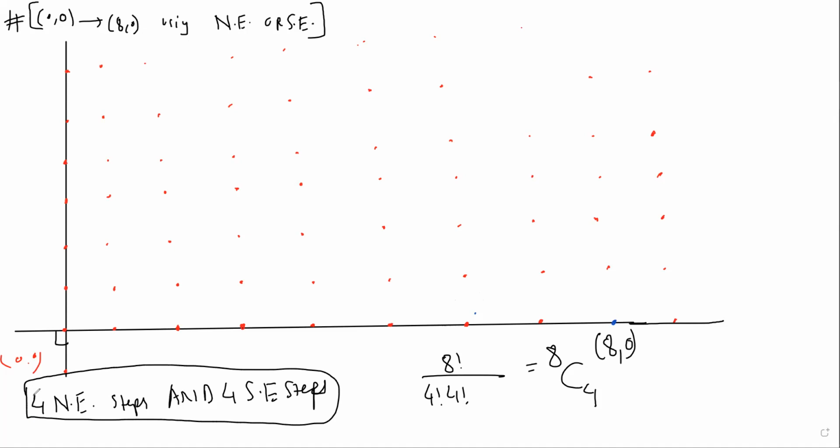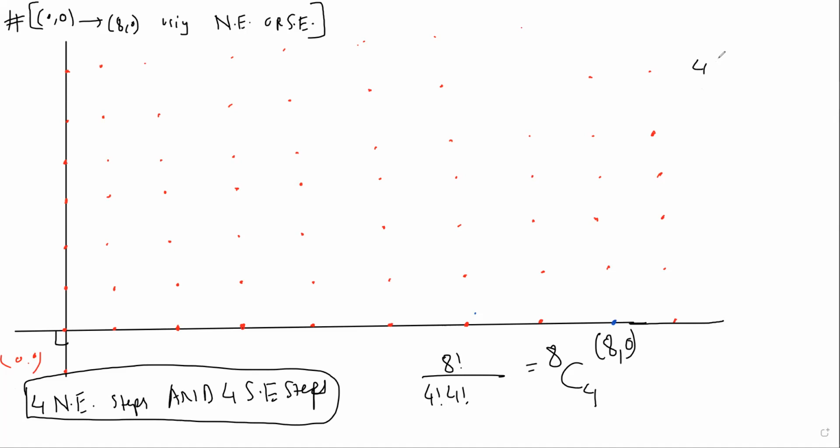But you have to also say that if I take 4 northeast steps and 4 southeast steps in any order, then where will I end up? At 8, 0, right?